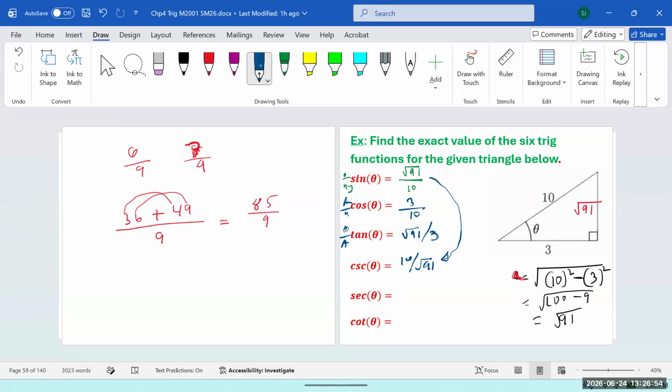Say it again. 10 over 3. Perfect. You take this and you flip it. Professor, the last one, cotangent. 3 over square root of 91. Great. Good job, guys. Any question?